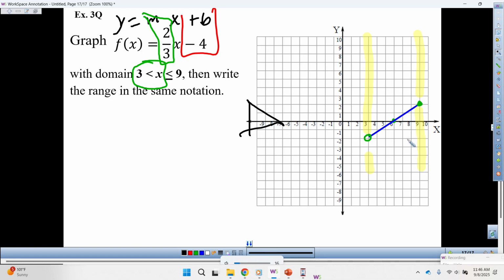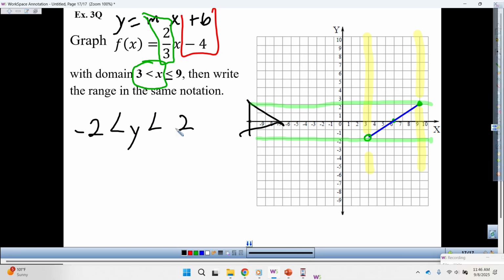Leo. From where to where? From -2 to 2. Hands if you agree with that. Looks about right. So we got -2 to 2. Y in between, arrows to the left. Which points included? The +2 and not that one. And this is my range.